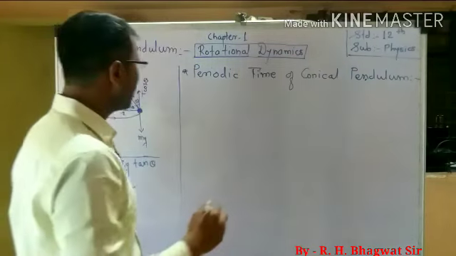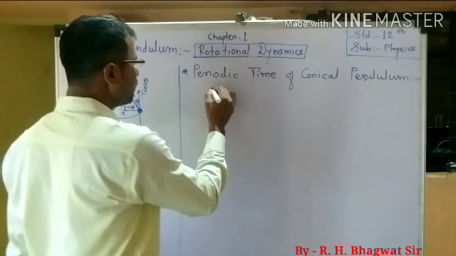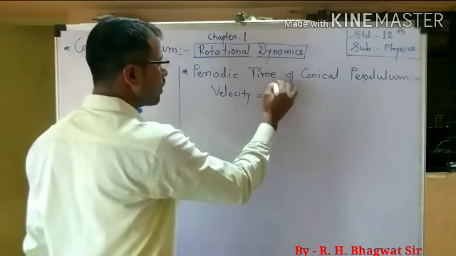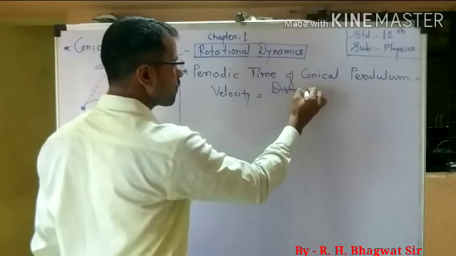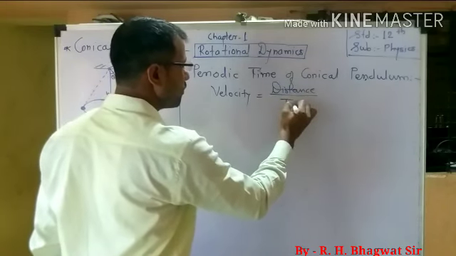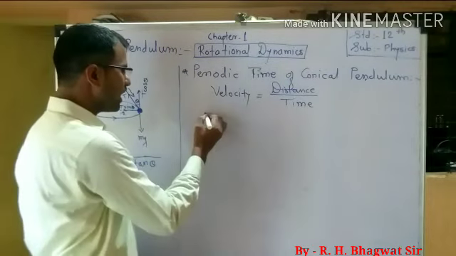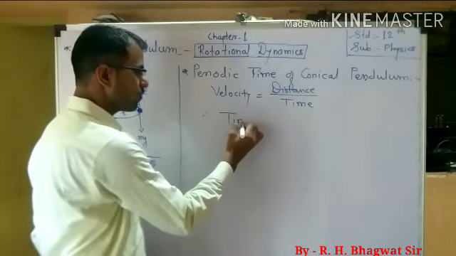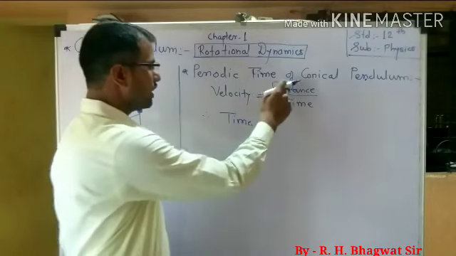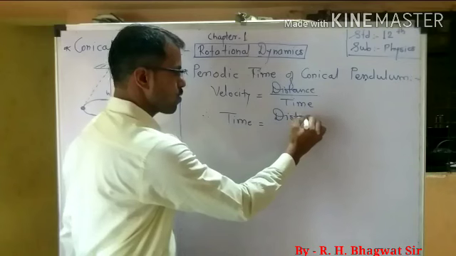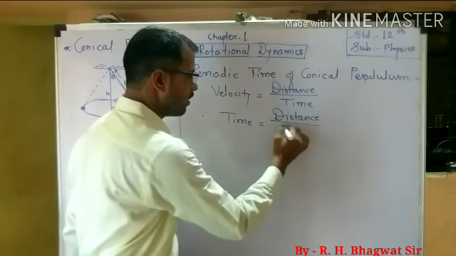We know that velocity is equal to distance upon time. Therefore, from this equation we can write time is equal to distance upon velocity, distance divided by velocity.